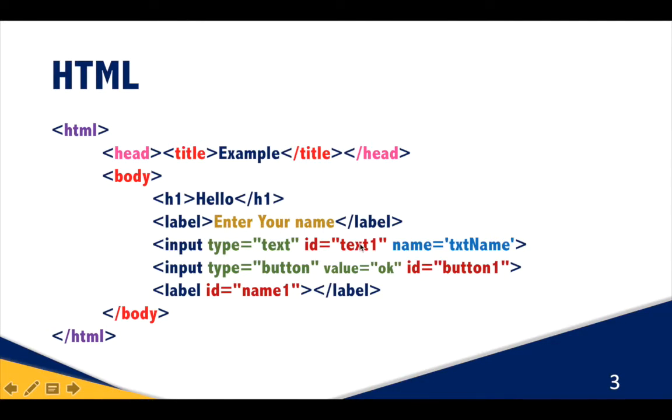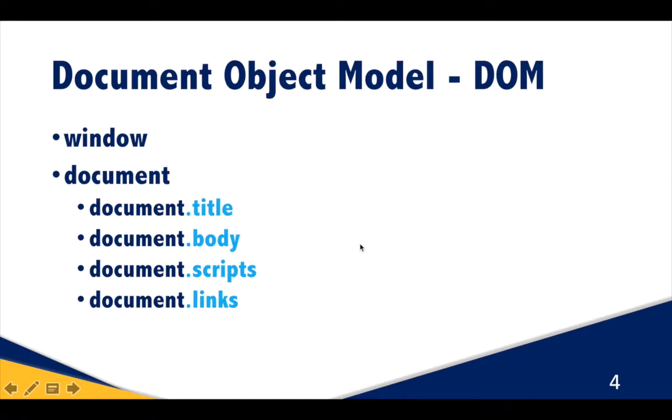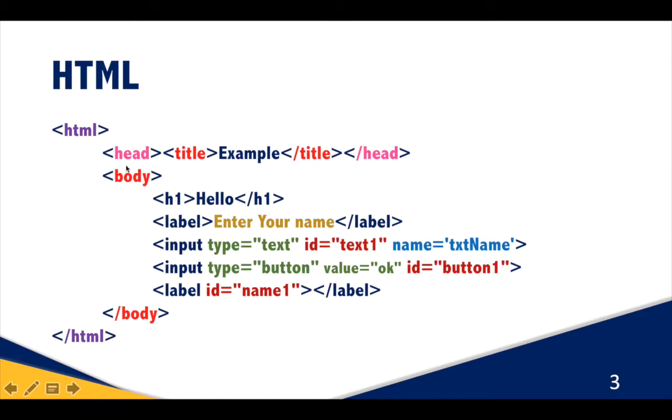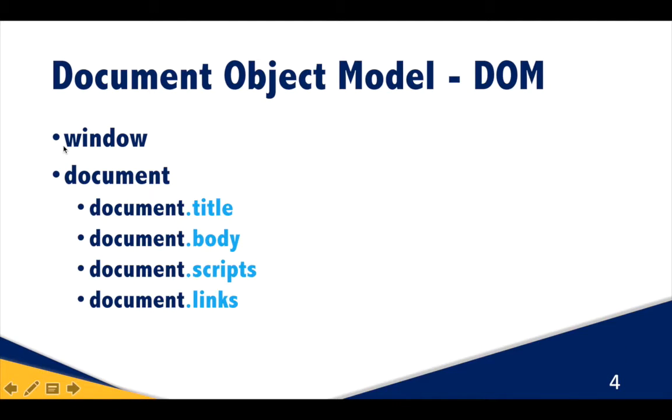And the DOM here stands for Document Object Model. It's a way that you can get any element, because in HTML you call the outer tag HTML, but in the DOM you call it document, okay?